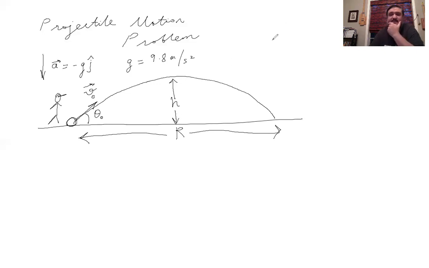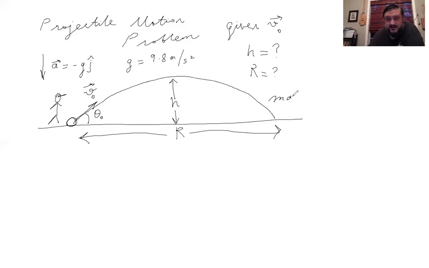So here's our problem. Can we find H and R in terms of the initial conditions, basically V naught? Given V naught, how do you find these two? And then maybe how do you maximize the range?